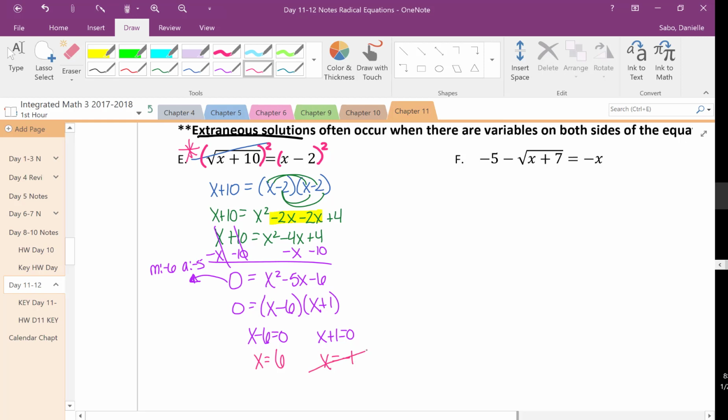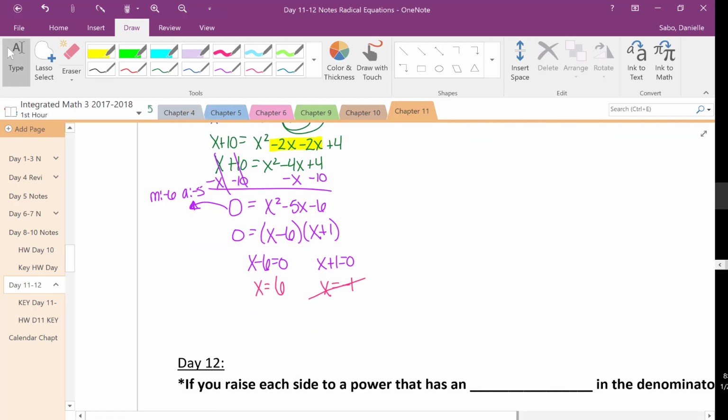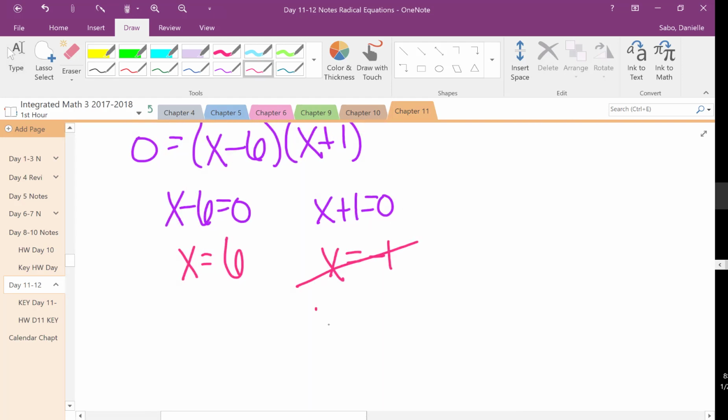It does not work. And if you want to put a note to yourself, this is what I did. When I plug it in, where it's isolated, a square root is never going to equal negative 3. Can't. If it was a cube root, I'd say yes, but it's not in this situation. So 6 is my final answer.